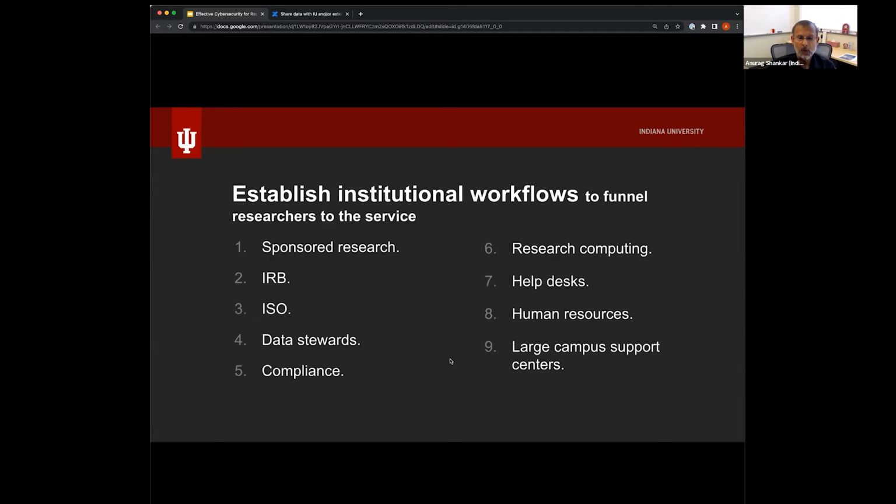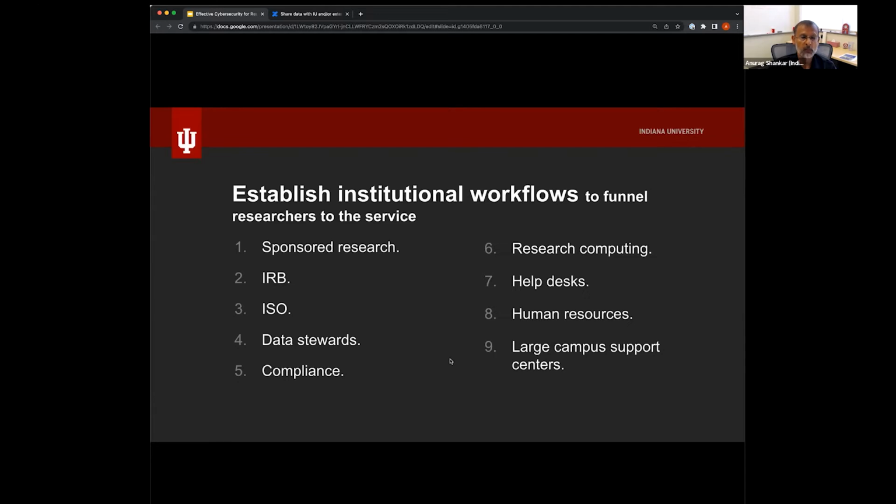Of course, we talked about the voluntary nature of the service, but that's not how things actually work. It's very hard to penetrate the world of researchers, and so what you need to do is to establish institutional workflows so that these researchers can be funneled to the service, and that means all of those stakeholders that you establish relationships with basically become your allies.